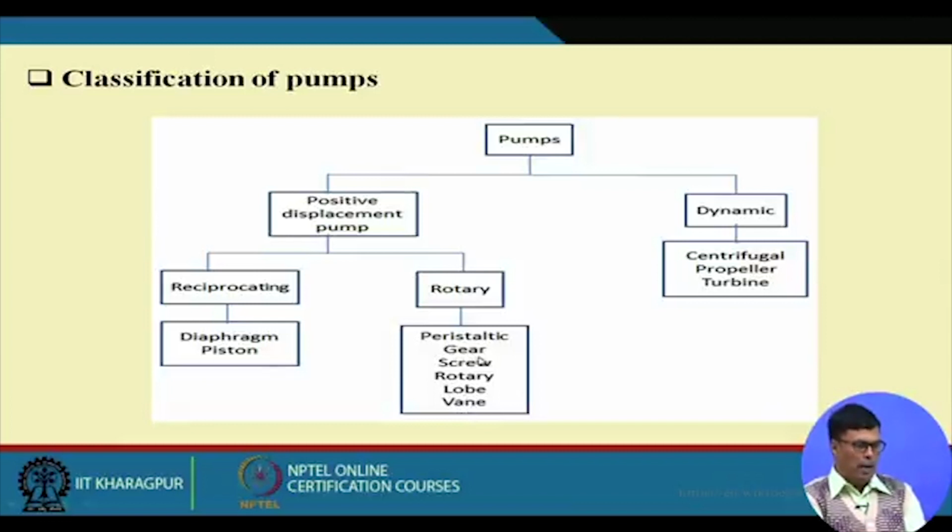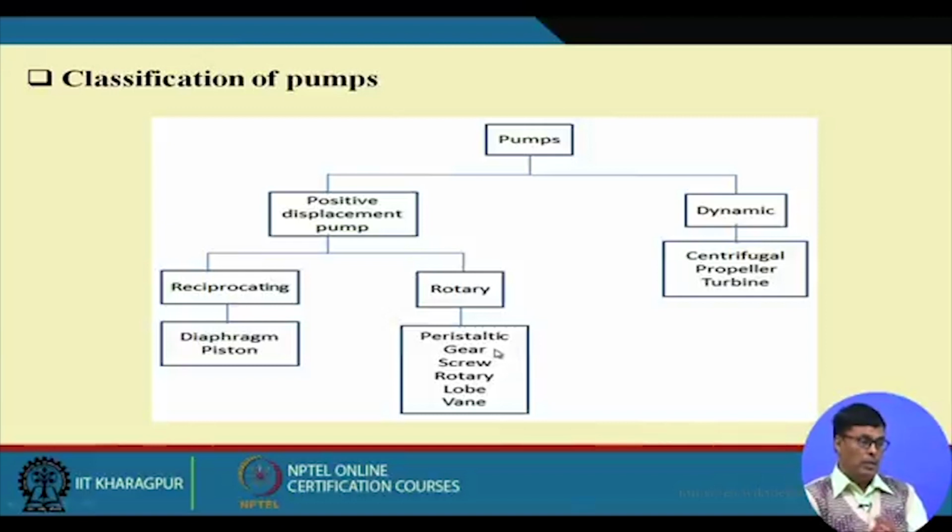Now, the gear pump, I particularly want to mention here, is largely used for transferring viscous liquids, because in the citric acid industry and the ethanol making industry, we use cane molasses as a raw material for the production of ethanol and citric acid.